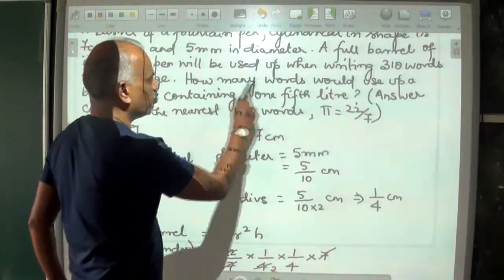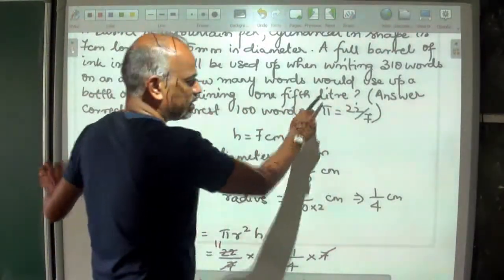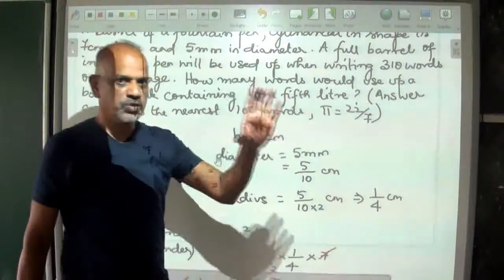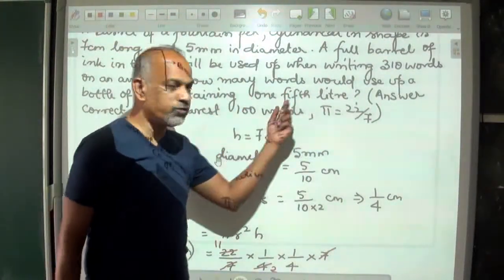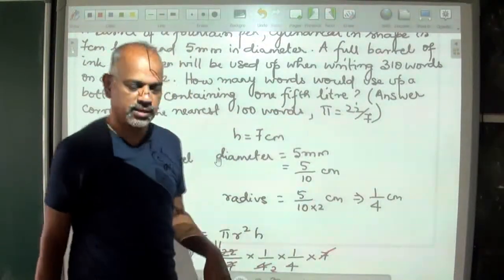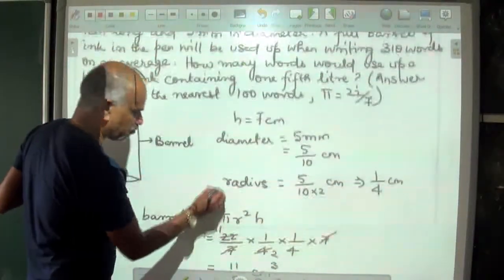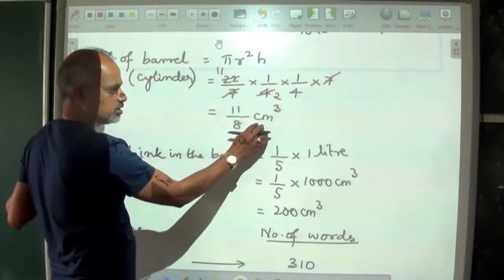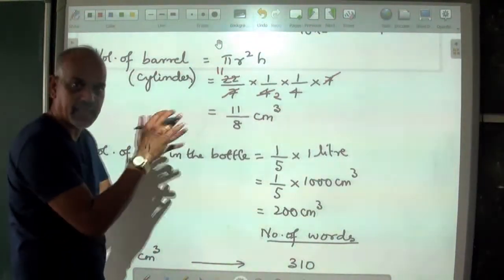So you have to find how many words would use up a bottle of ink containing 1/5 liter. There is another bottle which contains ink, and the ink in that bottle is 1/5 of a liter. So let's find how much actual volume is there. This is given in liters, whereas the barrel's volume that you found is in centimeter cube. Let's also find the volume of ink that is there in the bottle.